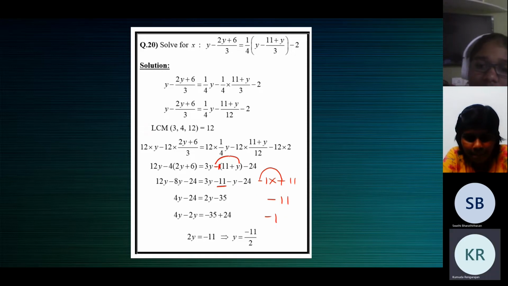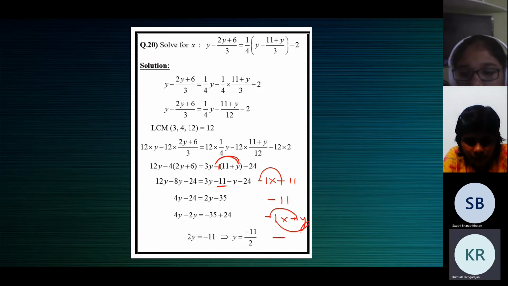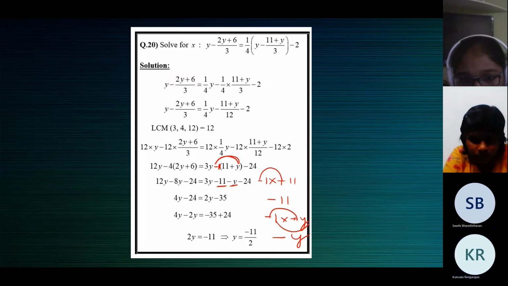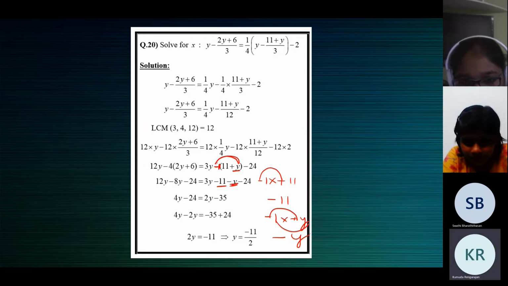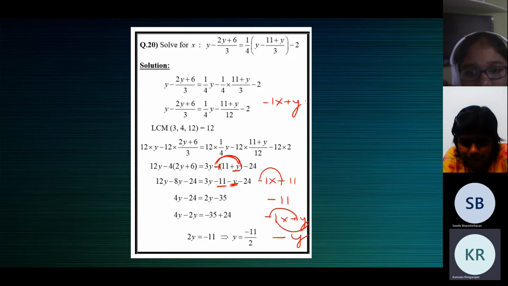Now you'll have to multiply minus 1 and plus y. When you multiply, minus into plus is minus, 1 into y is y, minus y. Bhavishya, you went wrong here. You put this plus y as it is. See, you're multiplying minus 1 and plus y. 1 into y is y.